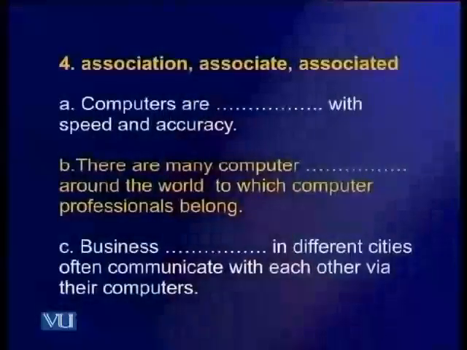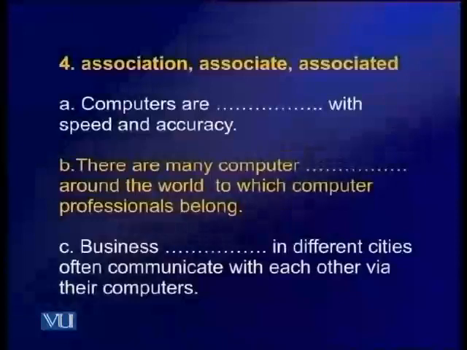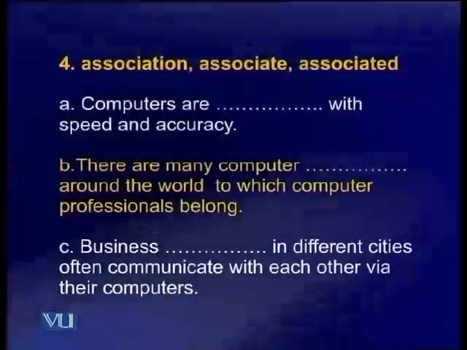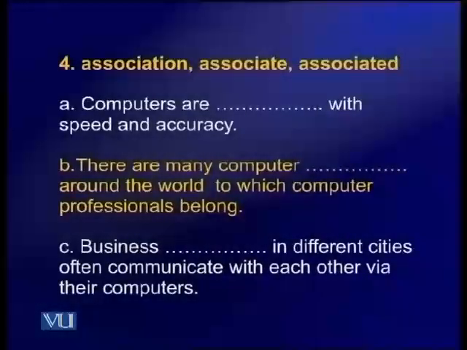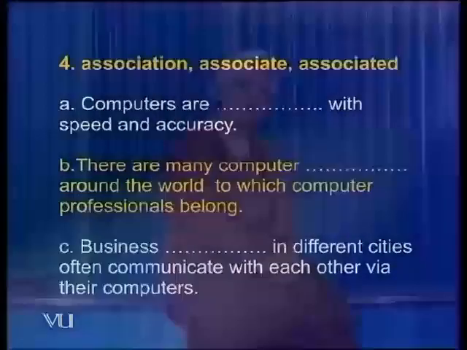B, there are many computer blank around the world to which computer professionals belong. What could it be? We've already used the word associated, and you are left with two choices. The correct choice would be, there are many computer associations around the world to which computer professionals belong.